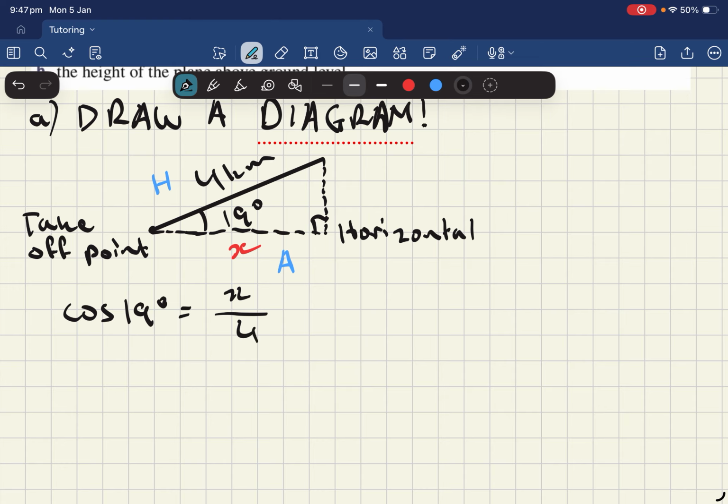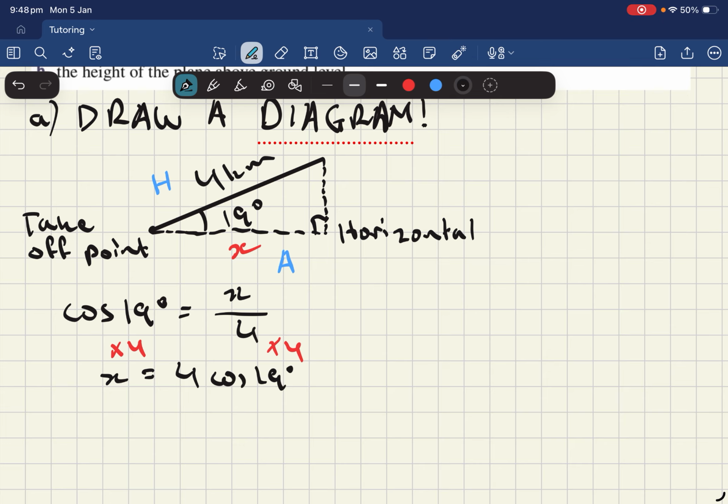And I want to rearrange the equation. We're dividing X by 4, so we're going to multiply by 4 to get it to the other side, and we're going to do that to both sides. So X here equals 4 cos 19.